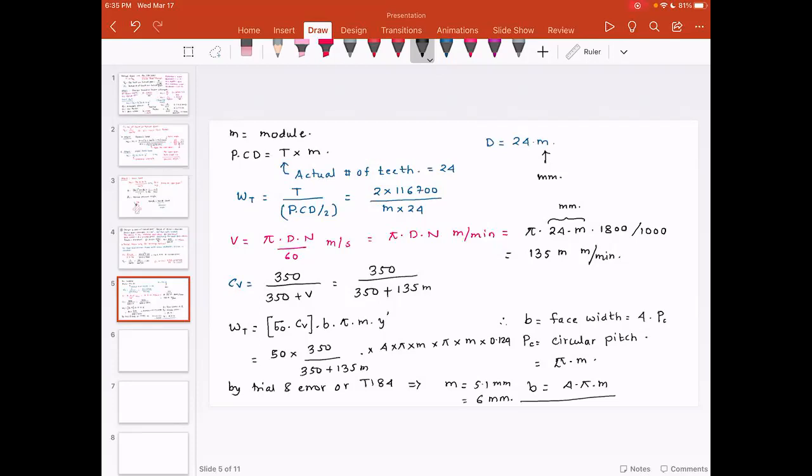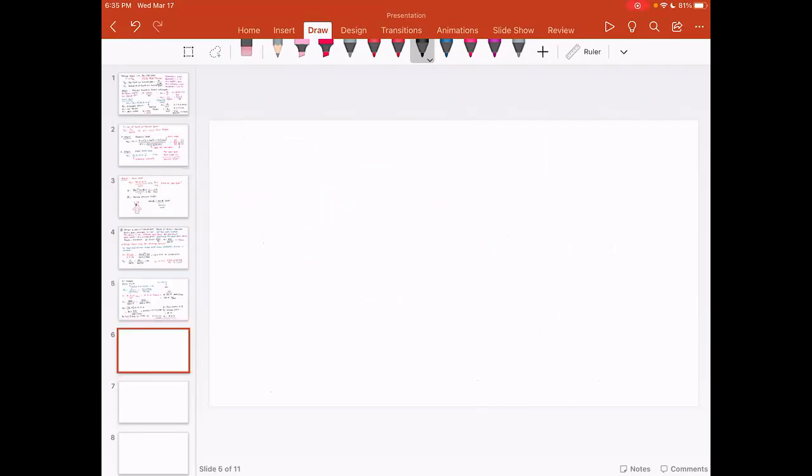Once you have the module, the gear is pretty much designed. So if module is equal to 6 millimeter, face width is equal to 4 times circular pitch, which is 4 times pi times module, equal to 76 millimeter.